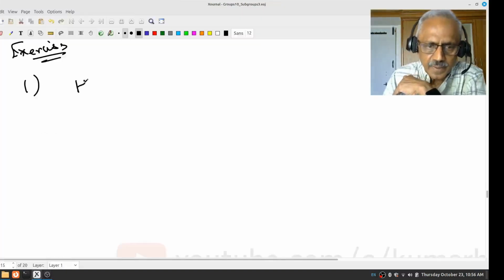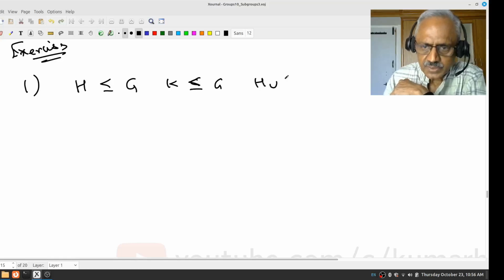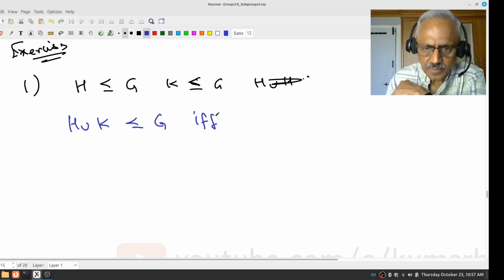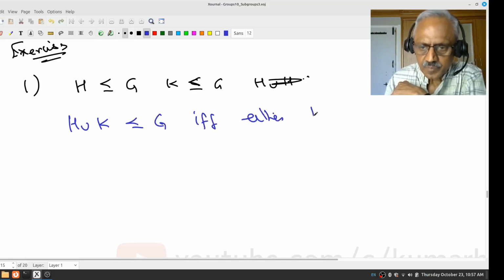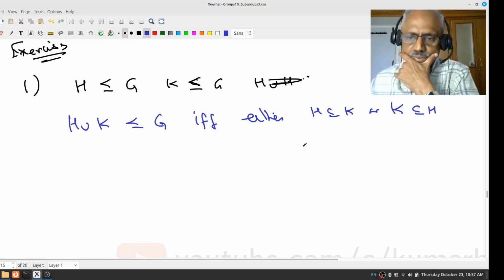If H is a subgroup of G and K is a subgroup of G, then H union K is a subgroup if and only if either H is contained in K or K is contained in H. Okay, this is the condition, right?